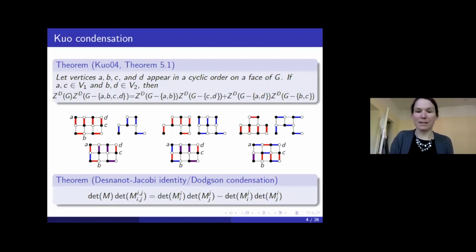So the idea is that if you delete a row and a column from the Kasteleyn matrix, then what you'll get is a Kasteleyn matrix of the graph with a black vertex and a white vertex removed. But there's some fiddling with the signs, and you have to be careful there. So that's why there's a minus sign here and a plus sign in Kuo's theorem. So that's another way to prove Kuo's theorem.